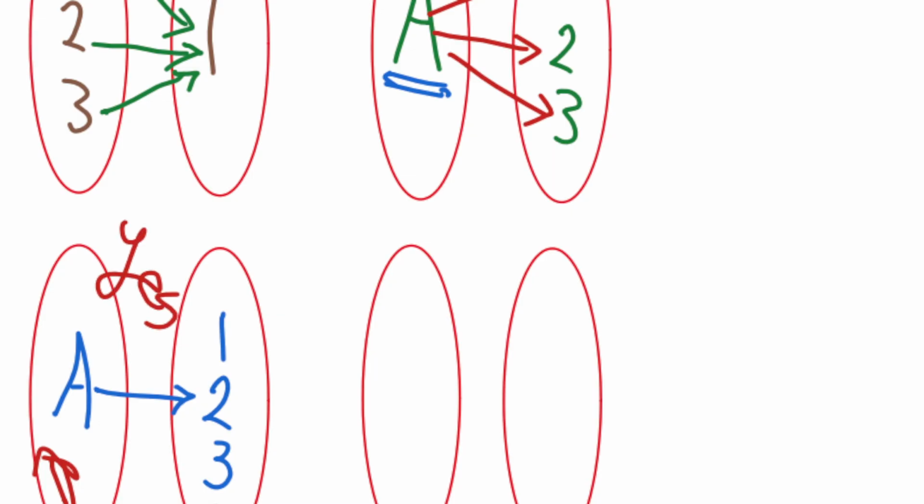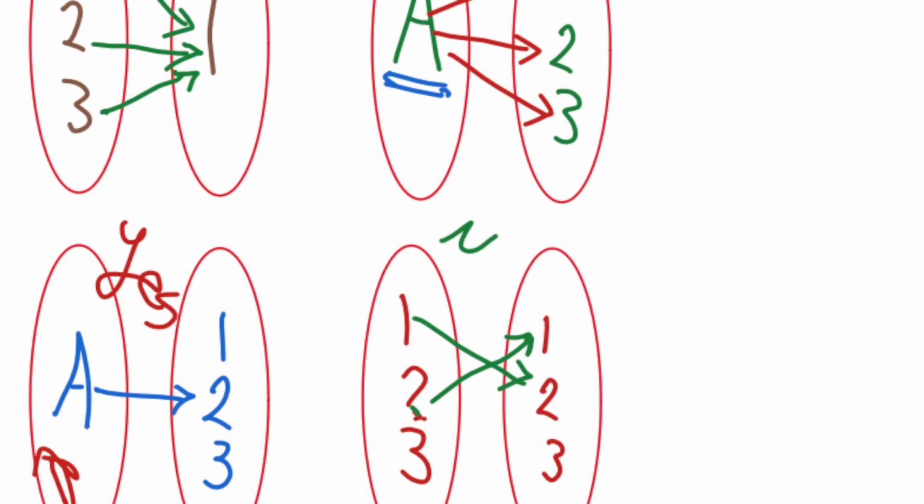Now let's look at this one. 1, 2, 3 here, and I have 1, 2, 3 here, for example. And I have this connected here, this connected there, and this one is not connected. So it's not a function because this one is not connected.